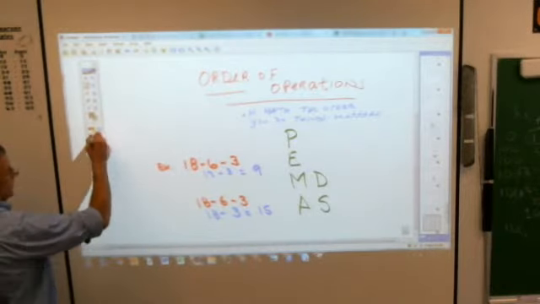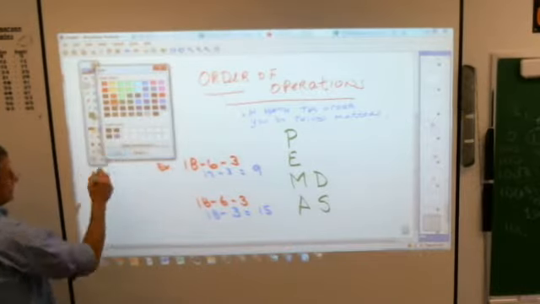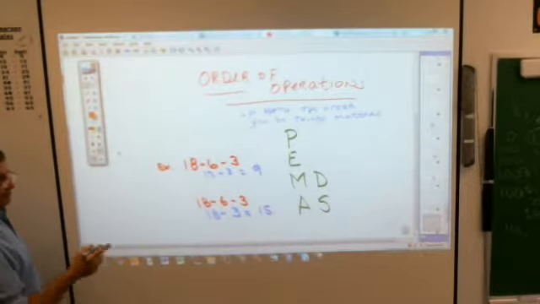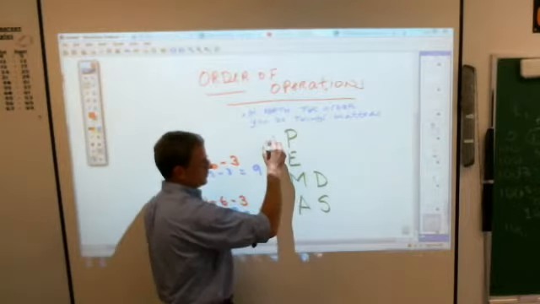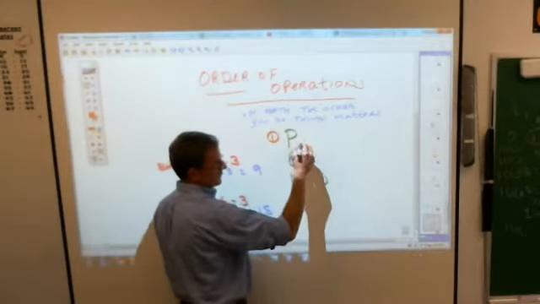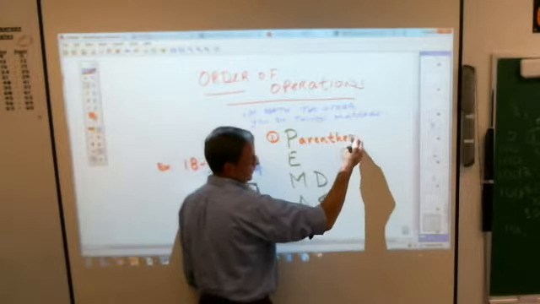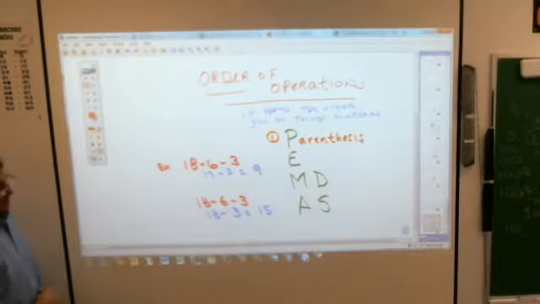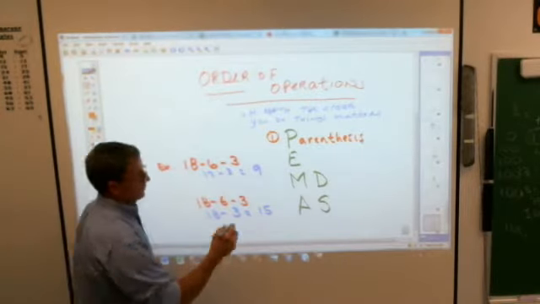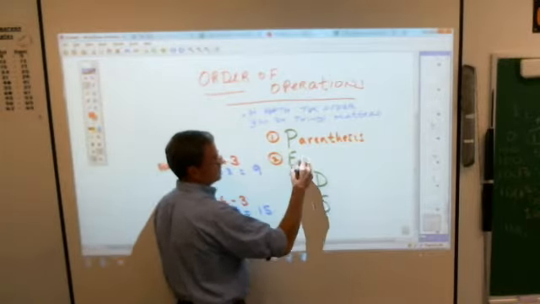What that little phrase is supposed to help you remember is the order you need to do mathematical operations. The first thing you always do, number one, is parentheses. If you see a parenthesis, that has to be done first. Then number two, ladies and gentlemen, you have to do exponents.